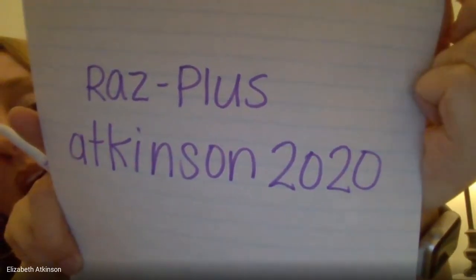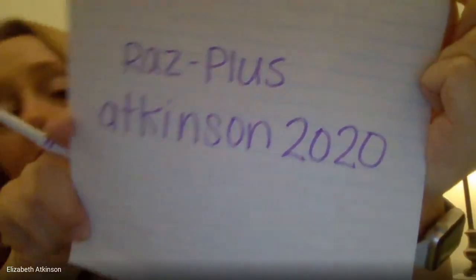But I want to make them all individually, and I just want to make sure they're correct when I send it to you. And RAZ is literally the same as Kids A to Z. So it's very confusing. It was for us in the beginning, but it's literally the same. So when you go to download it on a tablet, I think it's called Kids A to Z on the tablet.